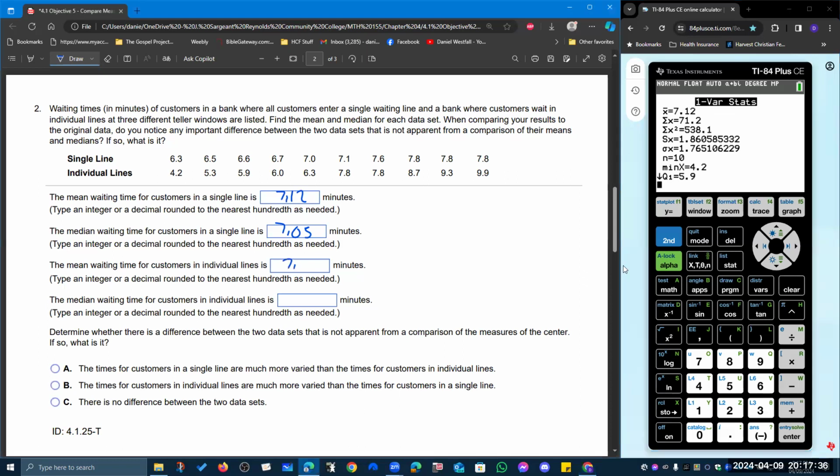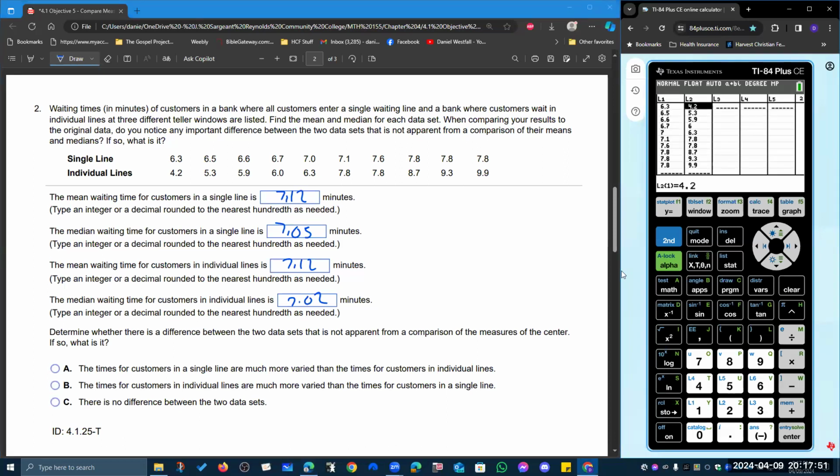And this is the same mean and the same median. Let's just check that once more. Stat, calc, one variable statistics. Let's make that L1.